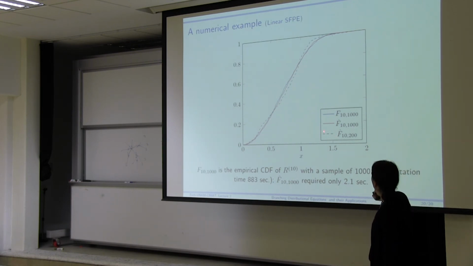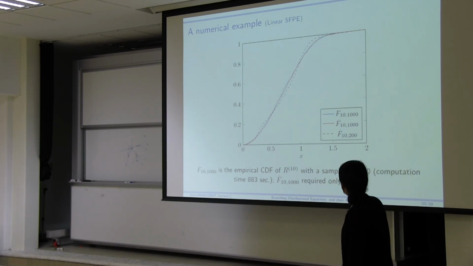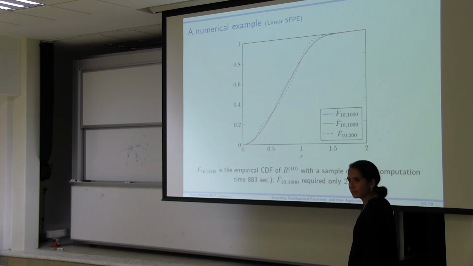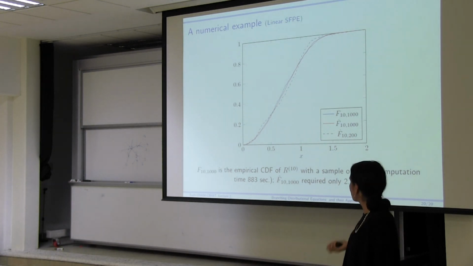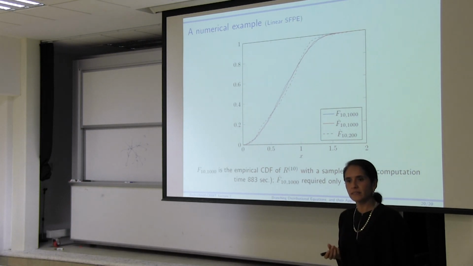As you can see, with 200, it runs in a blink of an eye. You'll get something that is still somewhat noisy, but at least it's getting there already. And if you give it 2.1 seconds, you're already on the red line, which is really, really good. So 2 weeks versus 2.1 seconds. You can easily make the M twice as much and still run under 5 seconds.